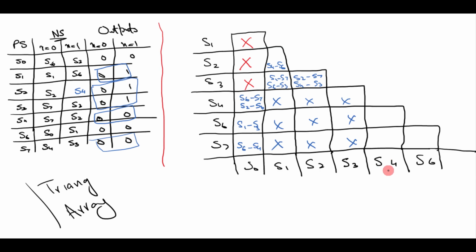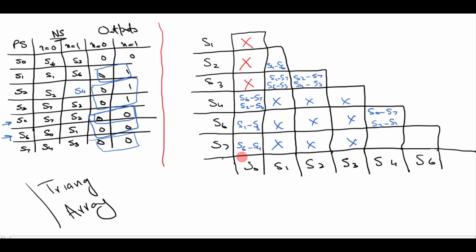Now come to S4 and S6. This is S4 and this is S6. Here the outputs are the same. So these two states can be equivalent if S0 and S7 are equivalent, and S2 and S1 are equivalent.